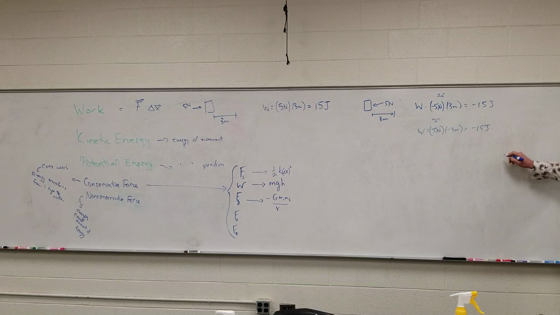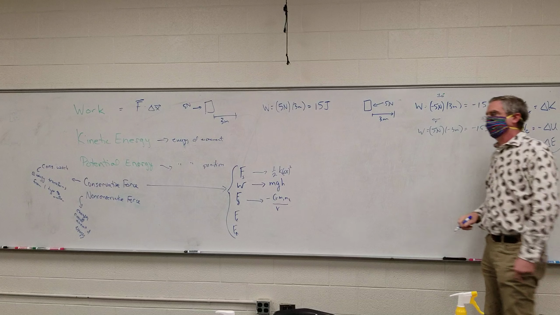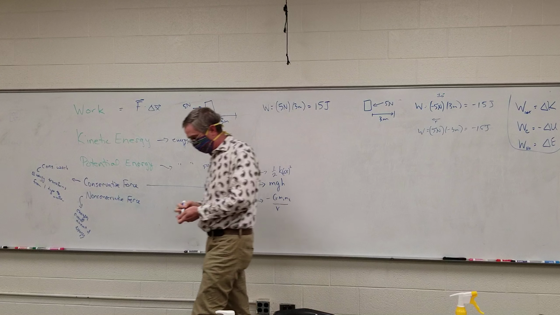All right, so we combine work and the types of forces, the types of energy in the three work energy relationships. So total work or net work is the change in kinetic energy. Conservative work is the negative change in potential energy, and non-conservative work is change in energy. And based upon Brianna's notes, that's the last thing we did.